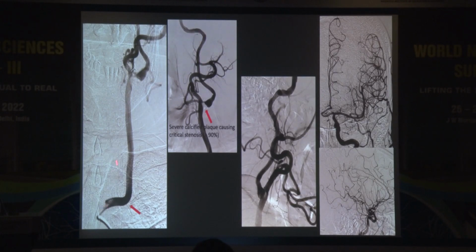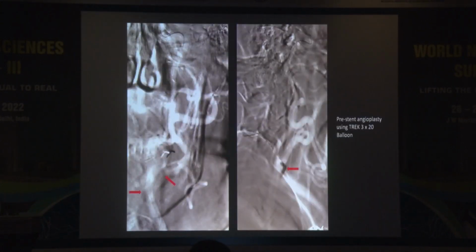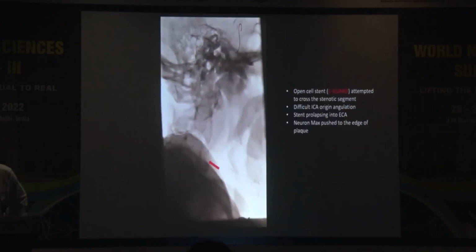If you just look at it prima facie, it looks super simple to do. The artery is smooth, there's a good distal landing zone, no tortuosities, but this is a sharp turn at 90 degrees. So we did our plasty, we tried tracking a balloon.